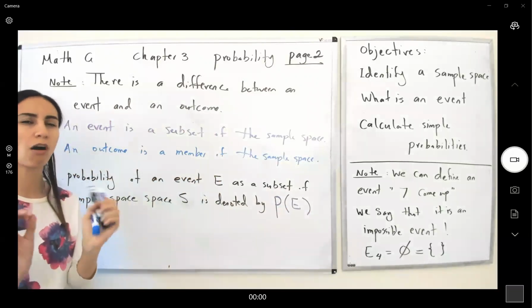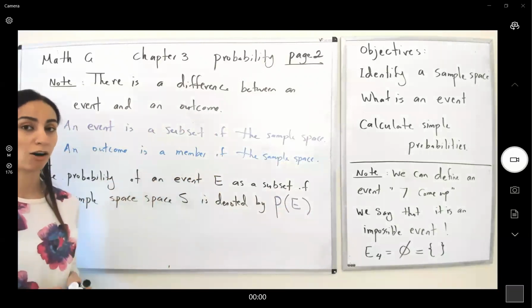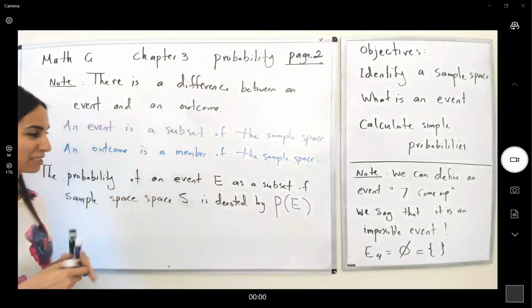You have to use the cardinality of the event and the cardinality of the sample space.